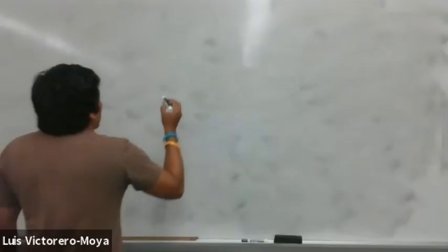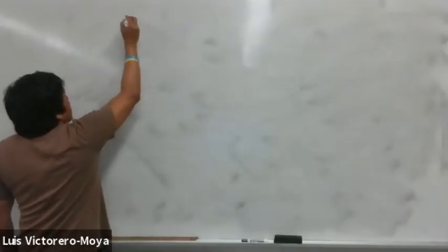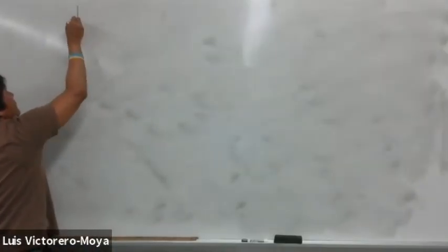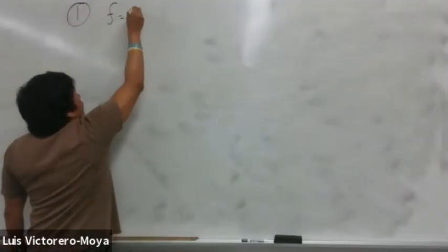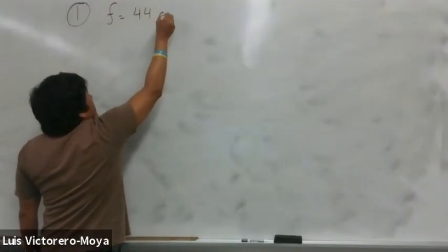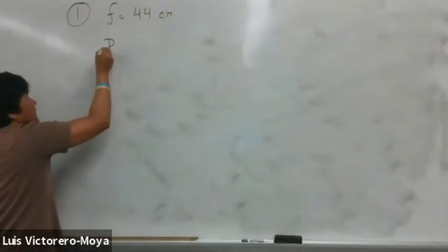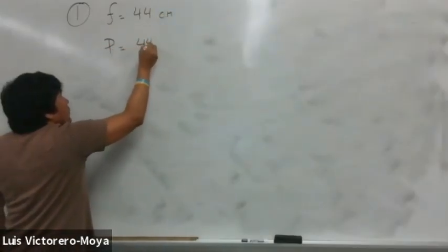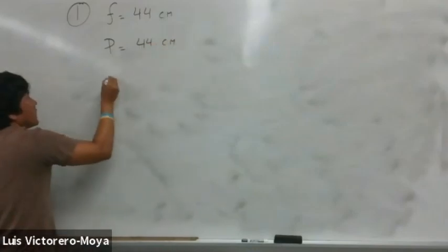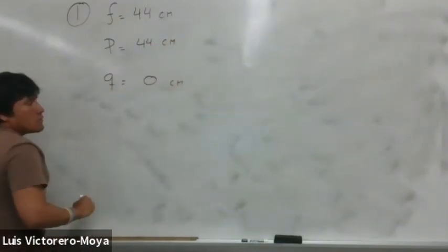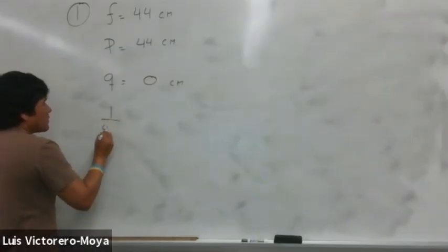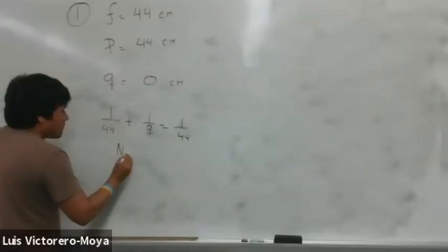So just by writing the values, if the focal length is 44 centimeters and the object distance is also 44 centimeters, then q is equal to 0. So no image.